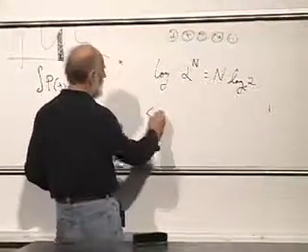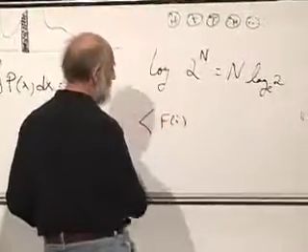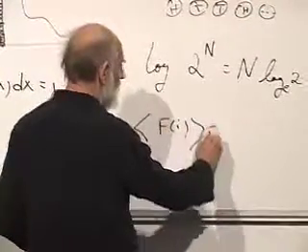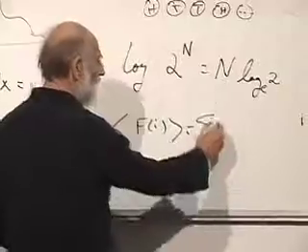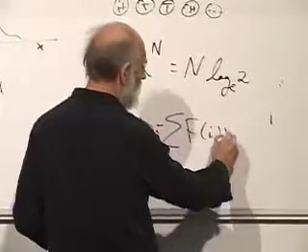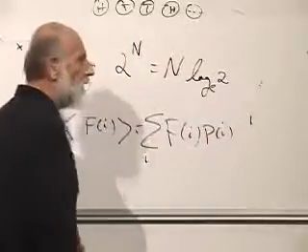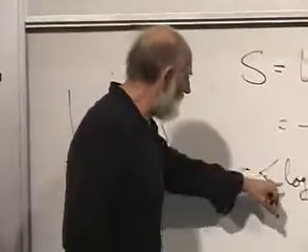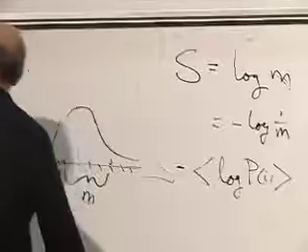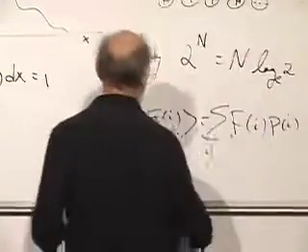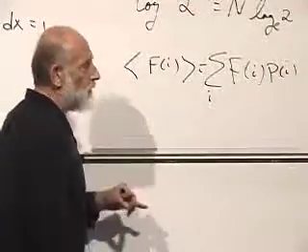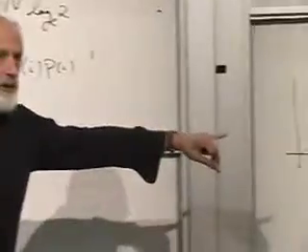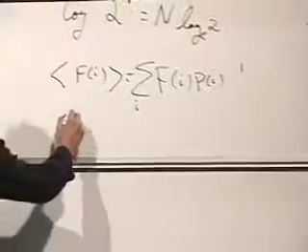The average of a function of I is equal to the sum over I of f of I times p of I. Let's apply that. Let's calculate the average of the logarithm of the probability. That's equal now, for f of I now, we just substitute minus log p sub I. So what is it?